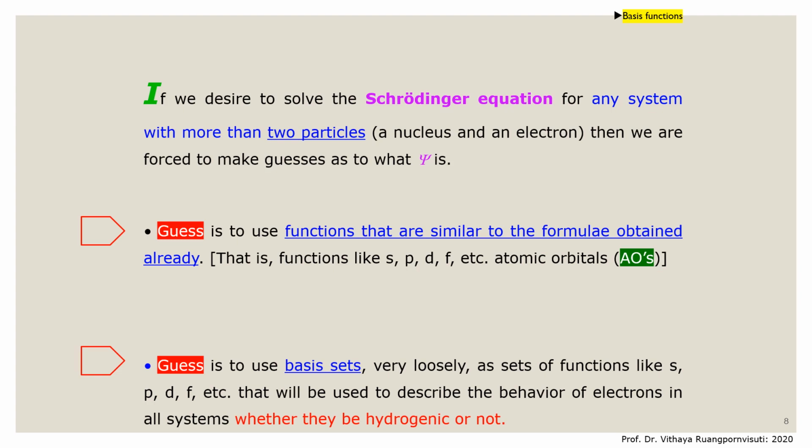The guess is to use basis sets, very loosely, as sets of functions like s, p, d, f orbitals, etc., that will be used to describe the behavior of electrons in all systems, whether they be hydrogenic or not.